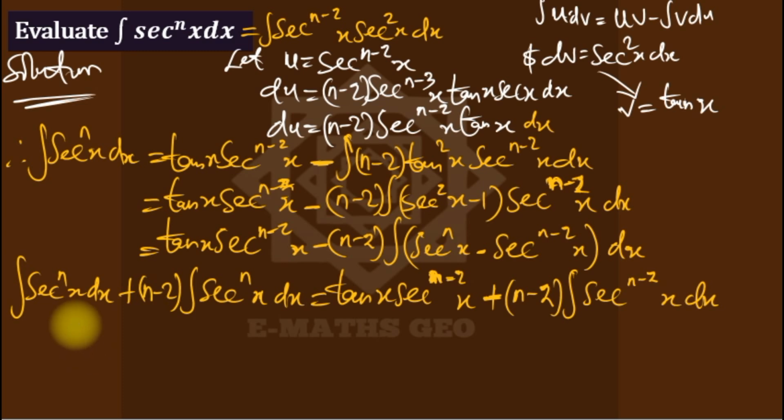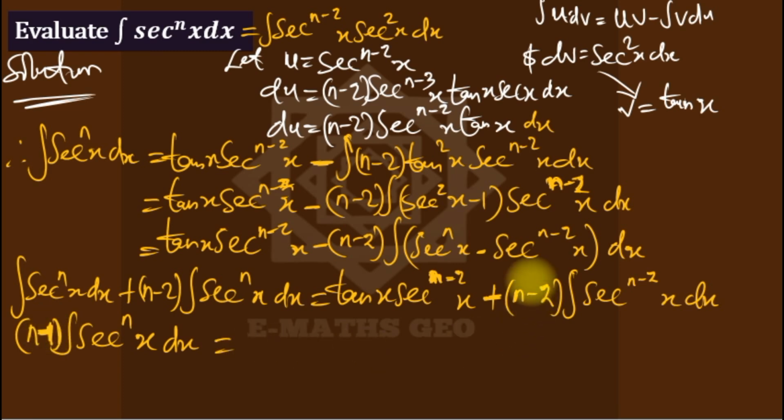If we factor sec x raised to the power n, we are left with 1 plus n minus 2, and 1 plus n minus 2 is n minus 1. So the constant is now n minus 1.